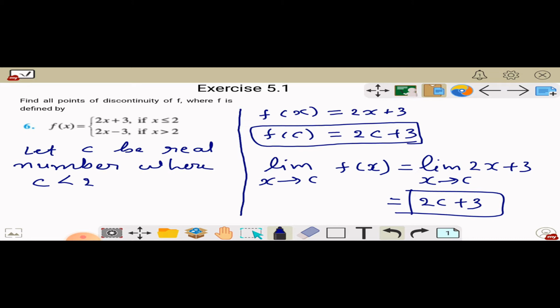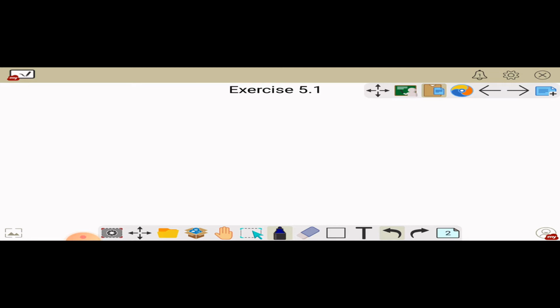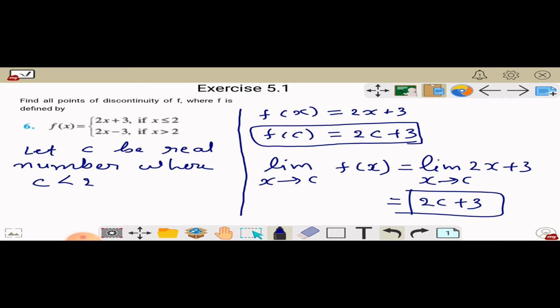Now let us check the continuity at x equal to 2. So for x equal to 2, what we have is f of 2 is equal to, now at x equal to 2, our function is 2x plus 3.